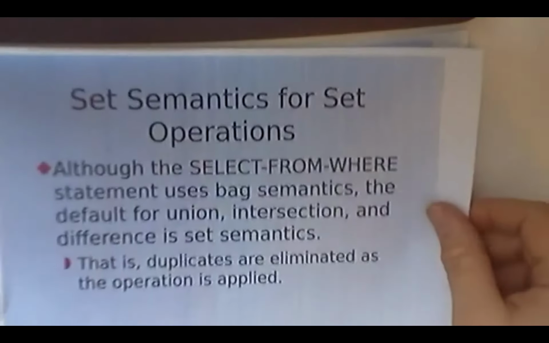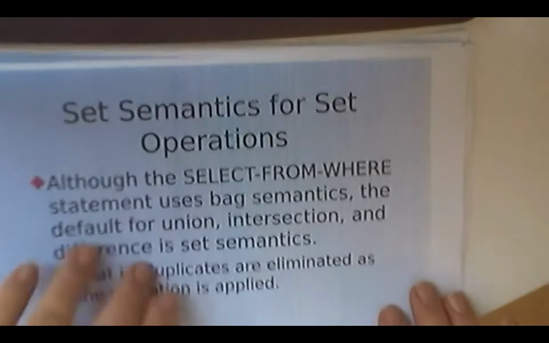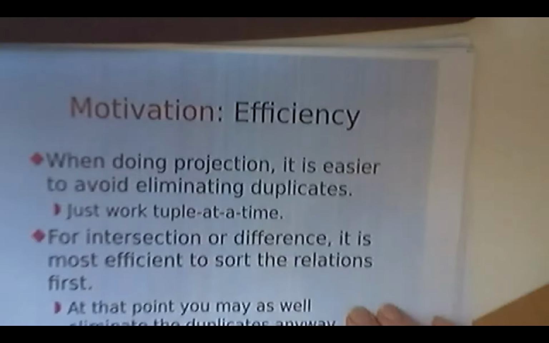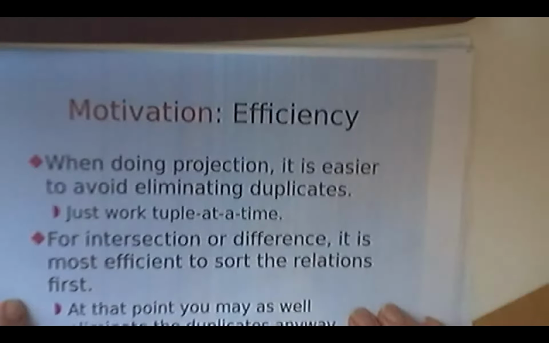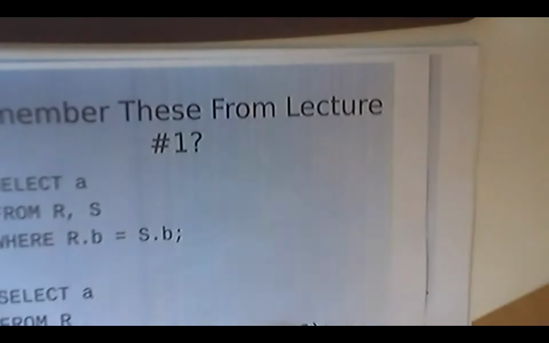All right, so we'll quickly go over this. I was just talking about the set semantics for set operators in SQL. I think I've already said all this. If you remember from lecture 1, what was the difference between these?